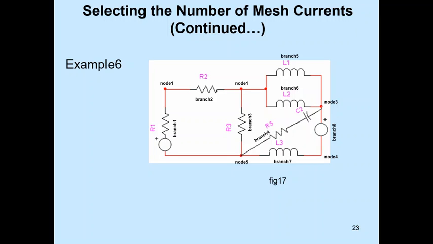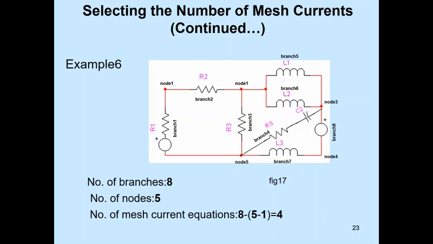So how many are there? 8 minus 5 plus 1. 4 mesh equations are there. The number of equations is 8 minus 5 plus 1 equal to 4. This is how we are selecting the number of mesh equations. This is the method.